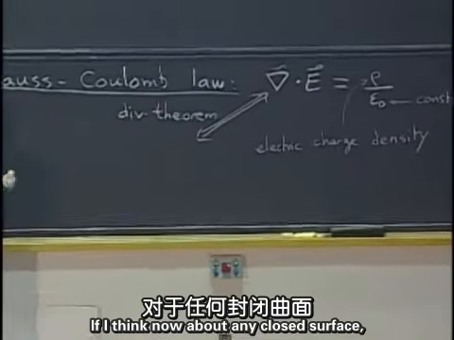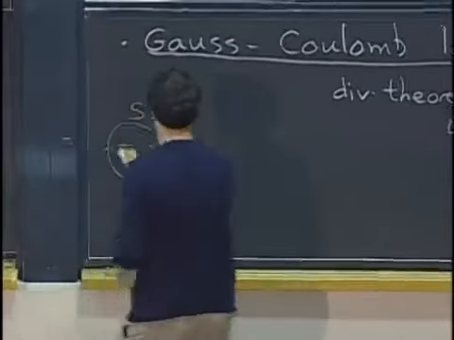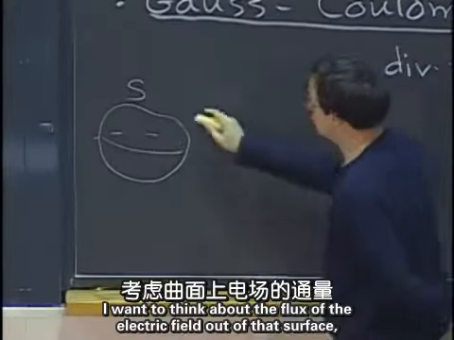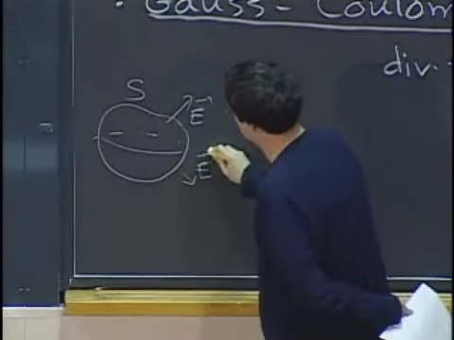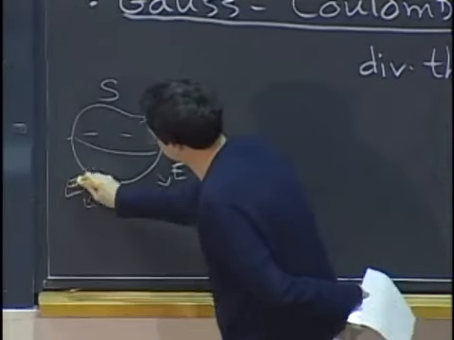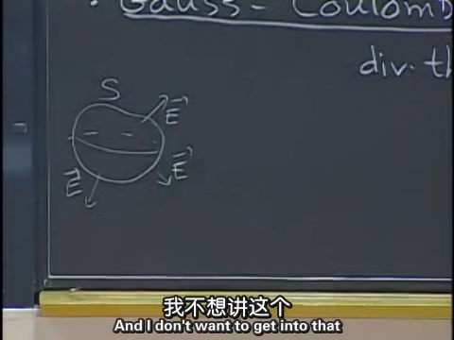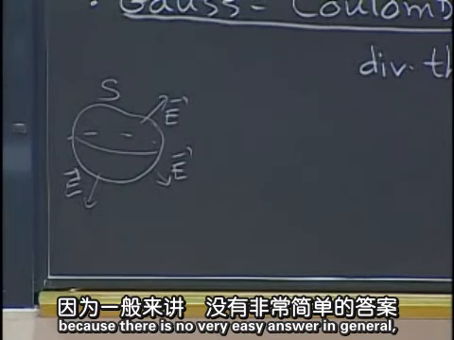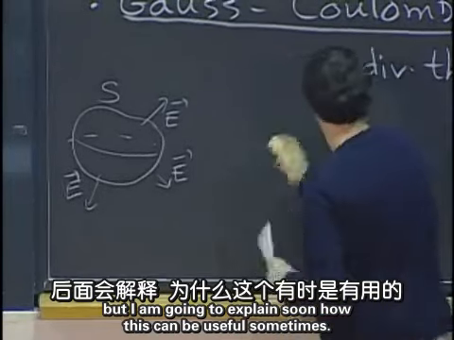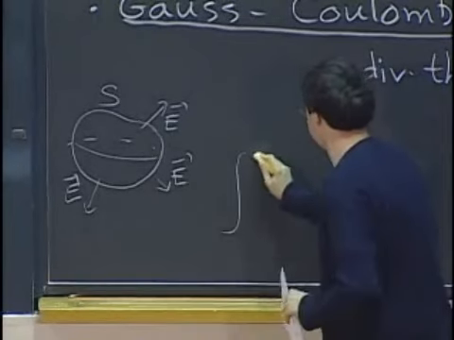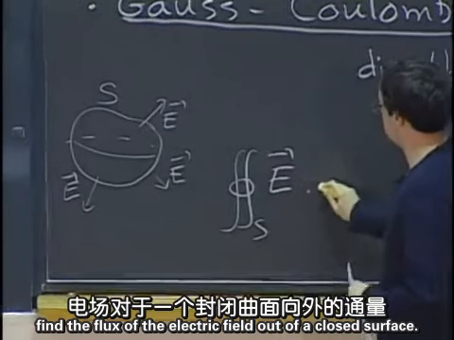Okay, so if I think now about any closed surface, and I want to think about the flux of the electric field out of that surface. So we haven't really thought about what the flux of a force field does, and I don't want to get into that because there's no very easy answer in general, but I'm going to explain soon how this can be useful sometimes. But so let's say that we want to find the flux of the electric field out of a closed surface.